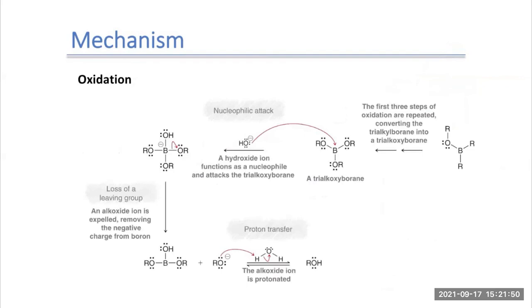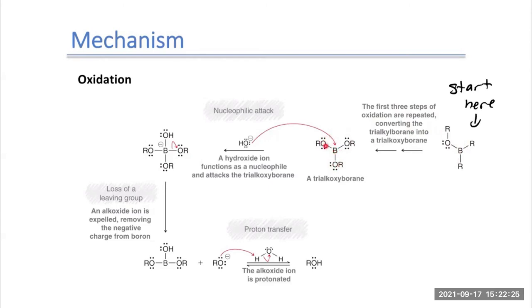And then after that happens, and it repeats itself several times, so now we have these oxygens attached to those different alkyl groups and an OH attached to the boron. So then after that happens, when we start here, it'll repeat itself 2 more times till we have all of the oxygens with the alkyl groups on instead of the boron.